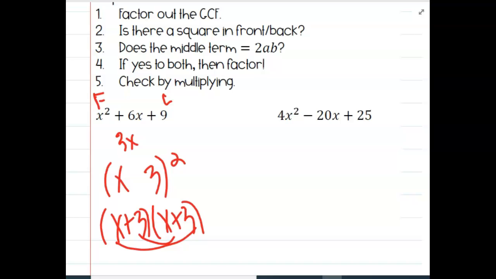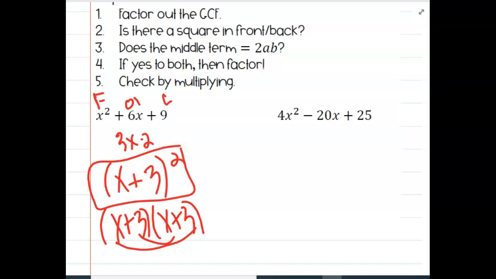We have to do it twice, because the O and the I are both 3x. What you're checking is if it matches the middle term. 3x times 2, that gives me 6x. So if you can say yes to all of those, you're going to take that sign and drop it into your answer.